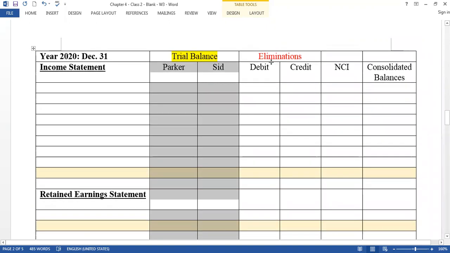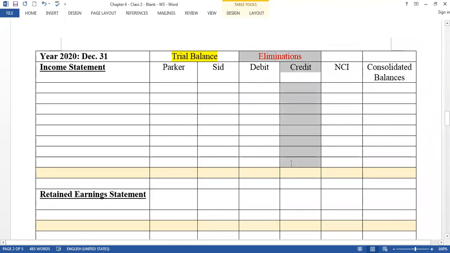Clear? Then we have elimination entries that we already learned in chapter 3. We already learned how to do the elimination, right? Then in chapter 3, we also learned how to establish NCI. Clear? This is from our chapter 3. We also learned how to add the consolidated, P plus S. Now let me do the income statement first.